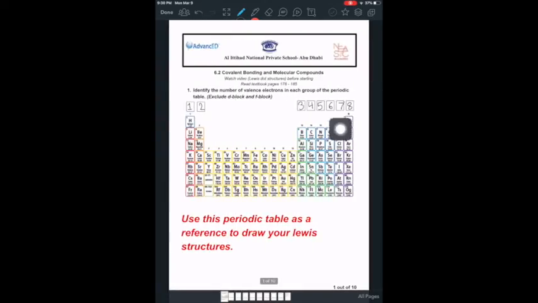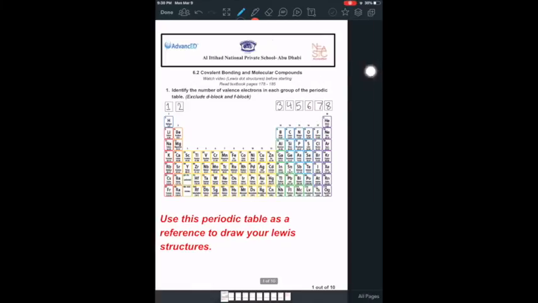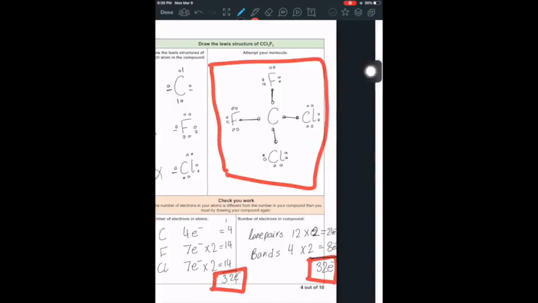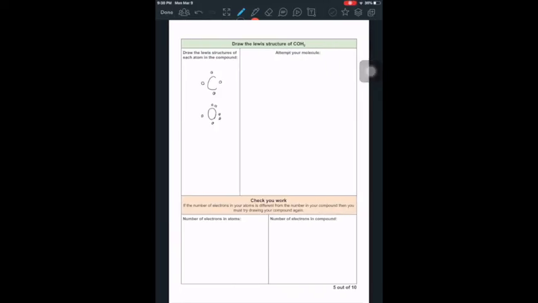Anyways, I know this because oxygen is right here, and there is a 6 right there, okay? And the final thing that I need to know is that hydrogen has 1 valence electron, and I have 2 hydrogens in this compound.